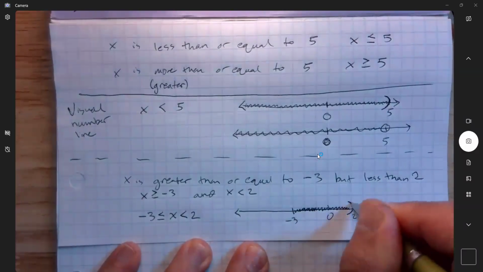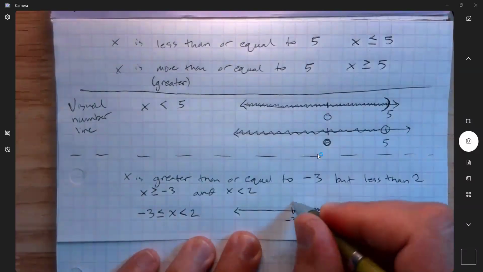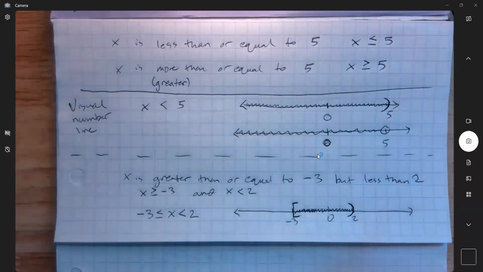It's less than 2, so I'm going to put this parenthesis. If I want to include -3, I use a square bracket like that. And now I can shade in the part of the number line that refers to everything between -3 and 2. It includes -3, but it doesn't include 2.